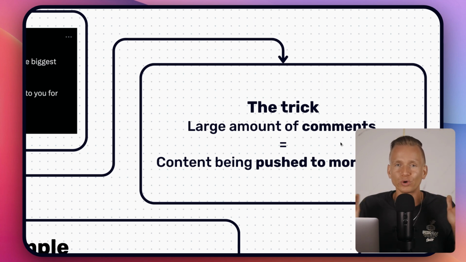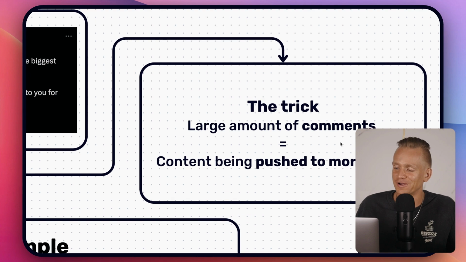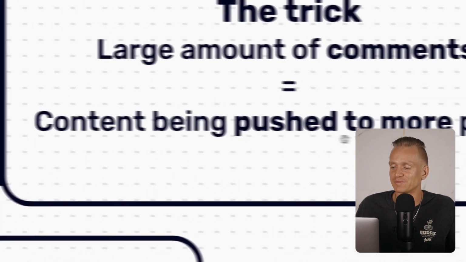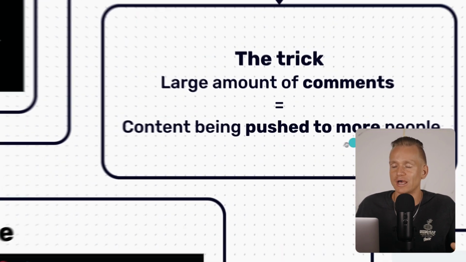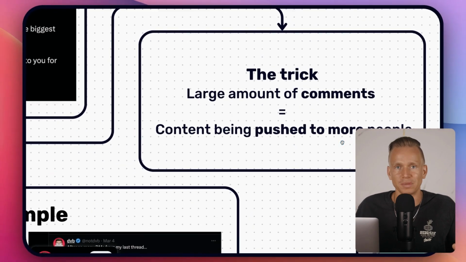So you can really have this viral type of spread like back in the day it used to be on Facebook. So more engagement, more comments, equals it's being pushed to more people.